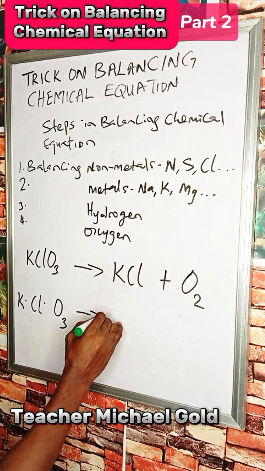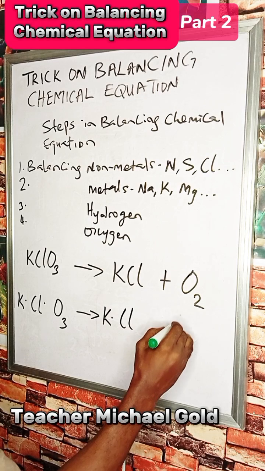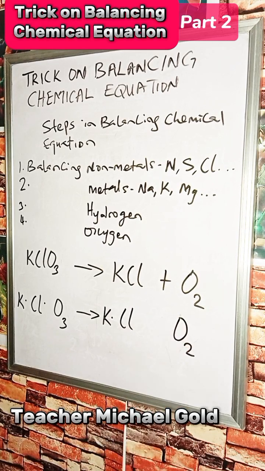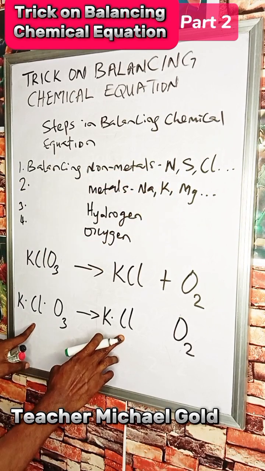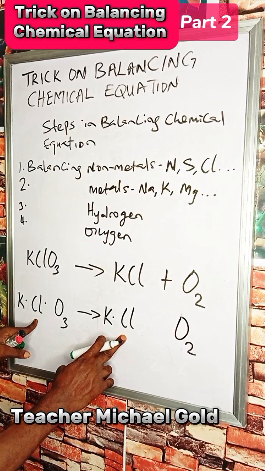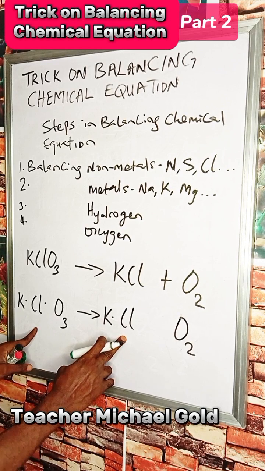For this we have potassium, chlorine, and then the oxygen O2. So let's look at the equation now. The first thing is to balance what? Non-metals. Which are the non-metals there? Chlorine. Chlorine here is 1, and chlorine here is also 1. So that means the non-metals are balanced.